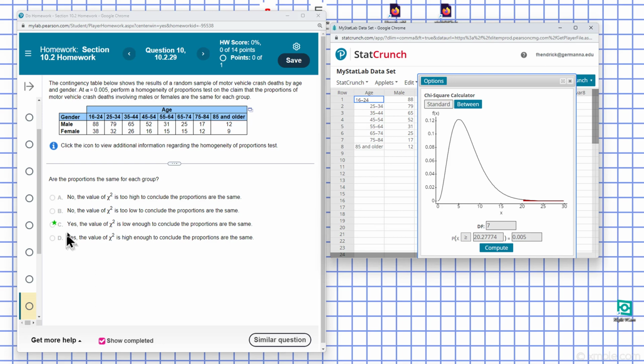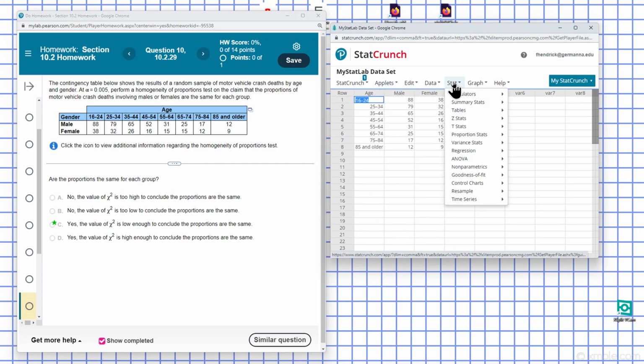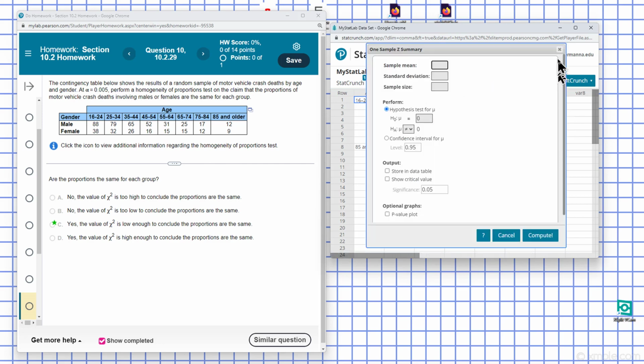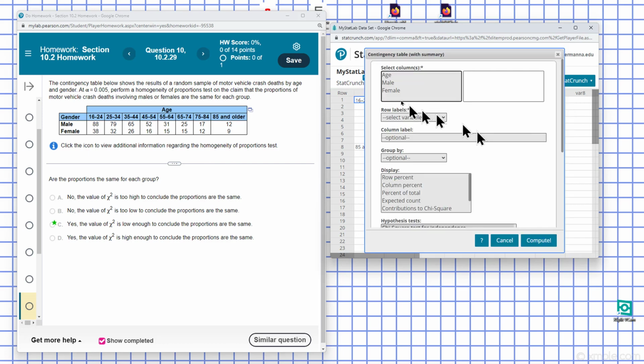So now let's take a look at finding what the actual test statistic would be. You see there's a critical value at 20 there. So for our test statistic, stat, tables, contingency, summary, stat, tables.